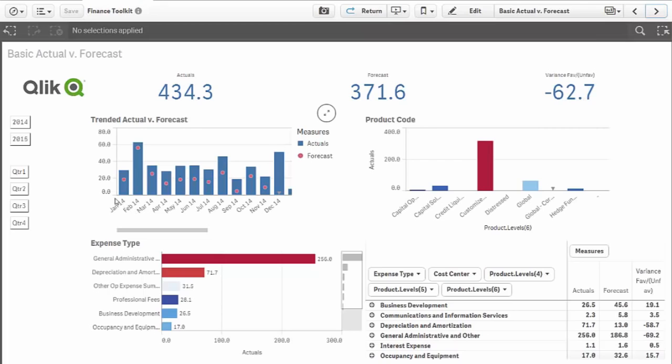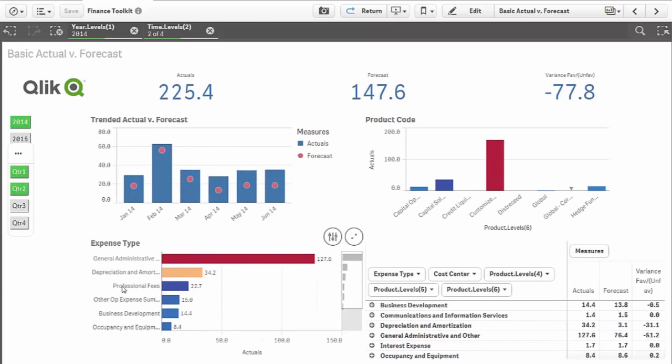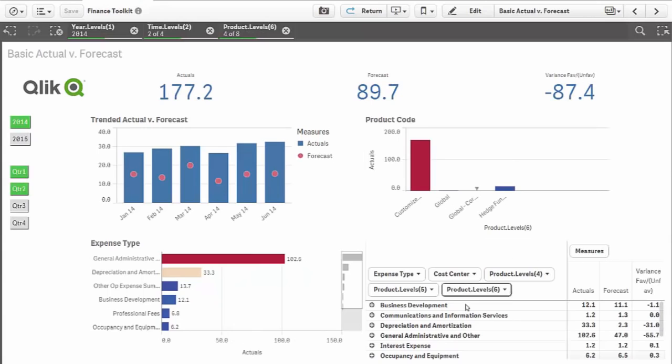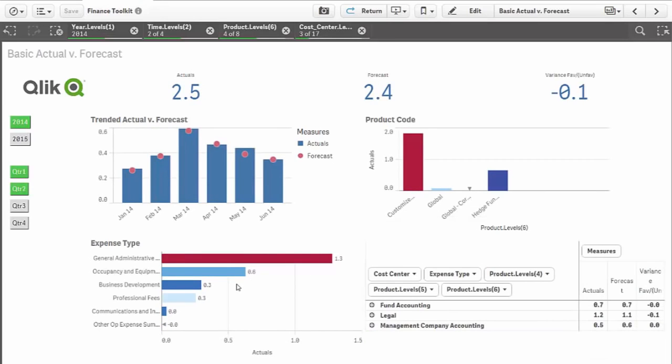And again, I have the capability of selecting a particular year or a group of quarters, and I can dive into a specific product or combine that with multiple products. And I do not have a predefined drill path. I can ask and answer virtually any question that comes. In this particular case, maybe I want to drill into 2 or 3 specific cost centers, and I have my analysis.